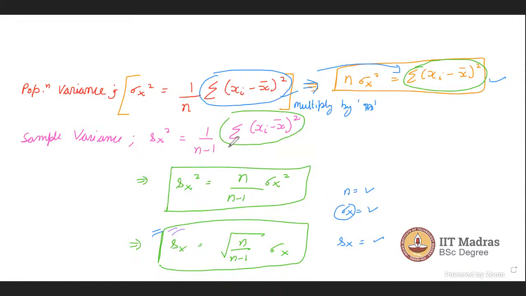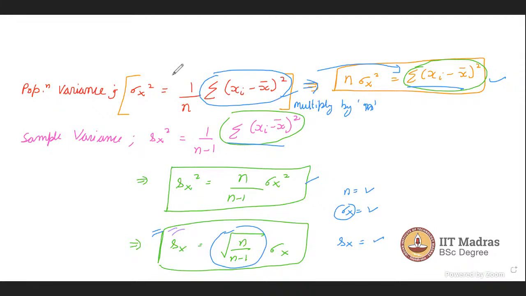If I substitute the value of this summation, which is n times population variance, I will get sample variance equals n times population variance upon n minus 1, right? And if I want the standard deviation, I will take the square root on both sides, which will give me sample standard deviation equals population standard deviation times this term. So any two things given to you, you can find the third, right?